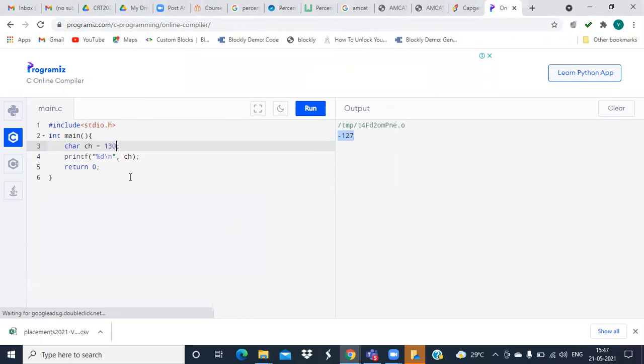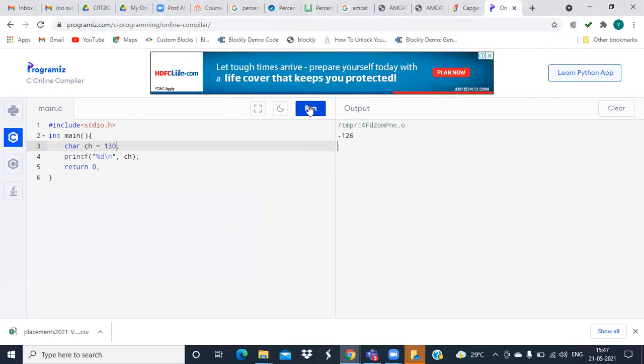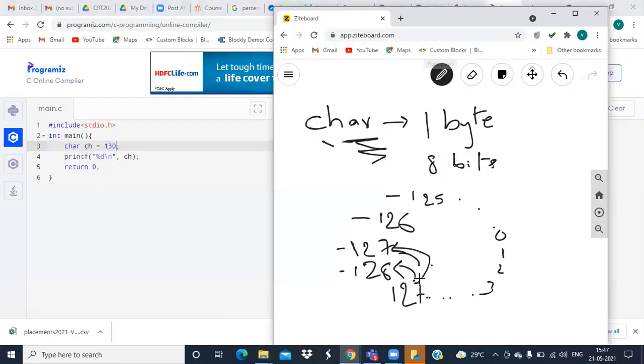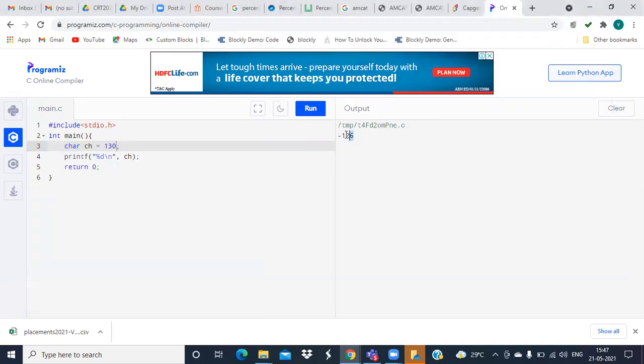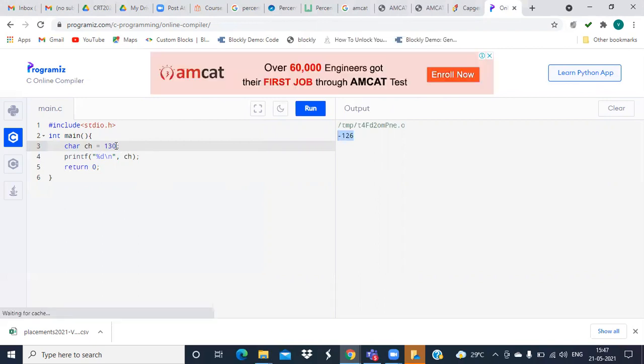Similarly, when we try for 130, we get minus 126, because 130 is three steps away from 127, which is minus 126. So there is nothing like you cannot hold a particular number; you automatically get put into a loop where the numbers get repeated. Hope you understood this.